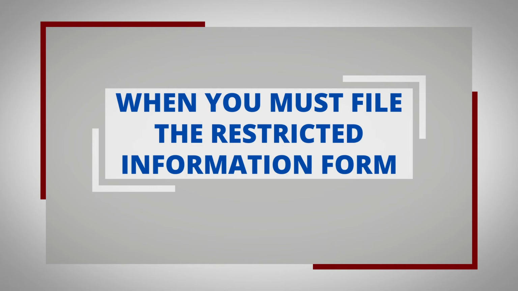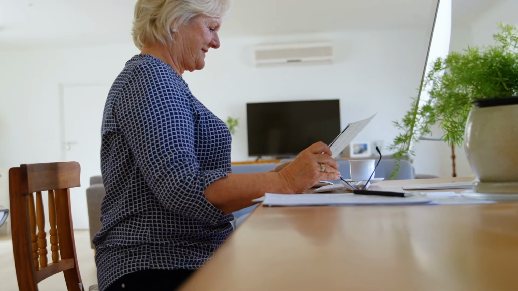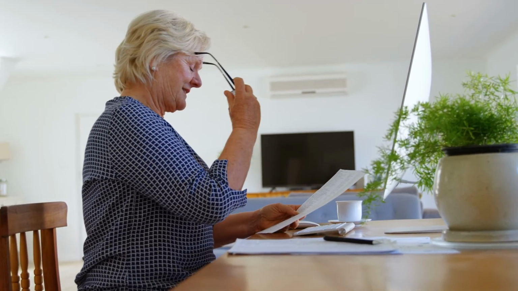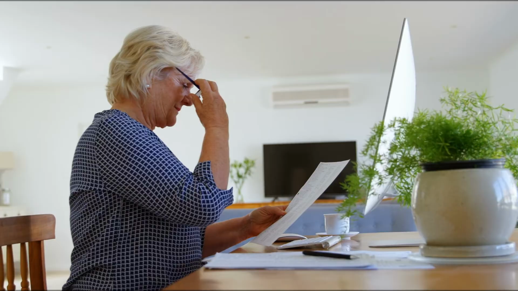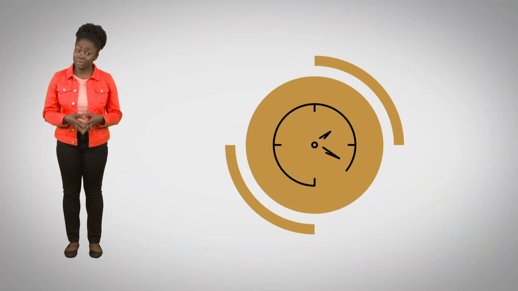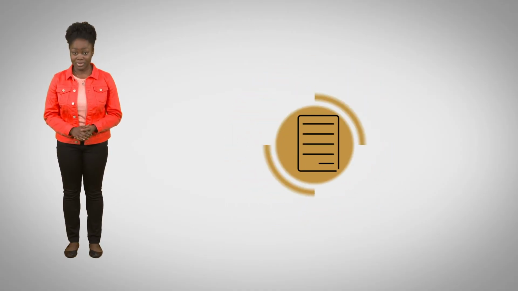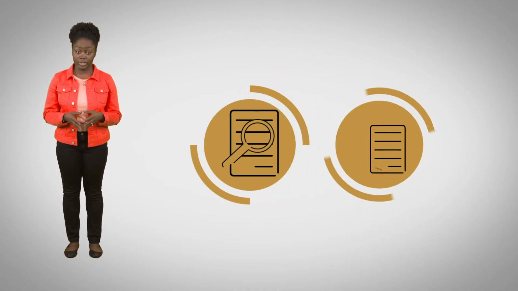Now, let's discuss when you must file the Restricted Information Form. Take some time to review the document before you file. It is up to you to figure out what is and is not restricted. I am sorry, we don't have time to list every situation where you should fill out the form, but here are a few tips. First, check any other forms that you are filling out.